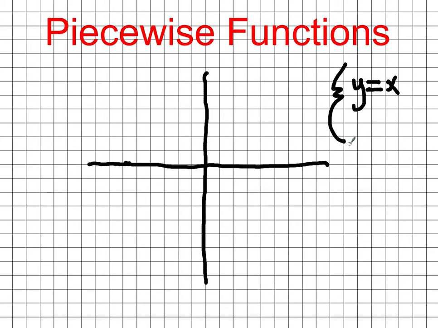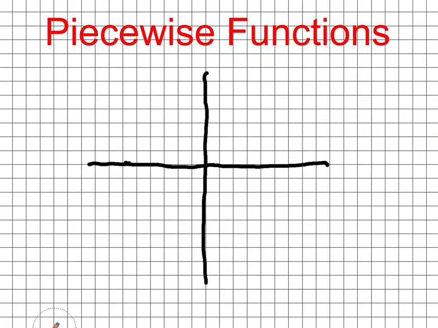I'm going to graph the line y equals x, and then I'm going to graph the line y equals 2x plus 2 at different times. Running out of space, let me just move this.